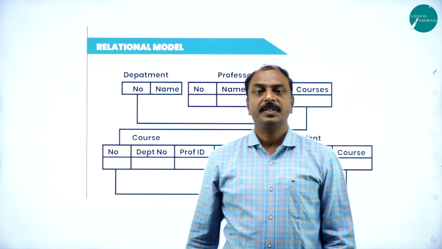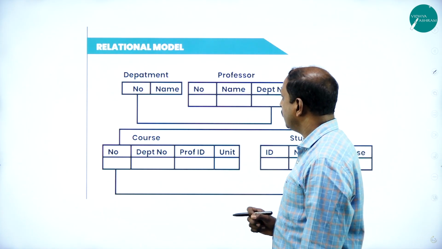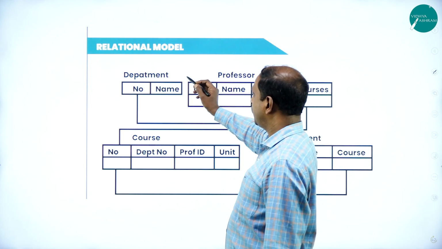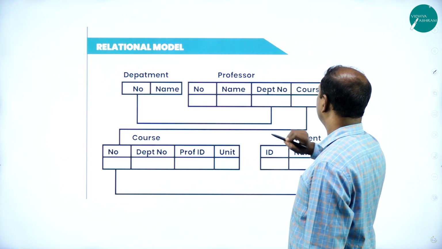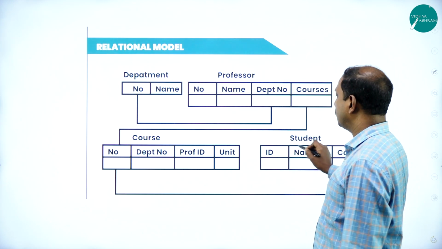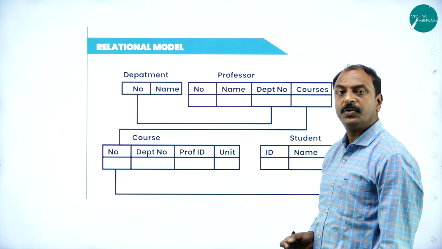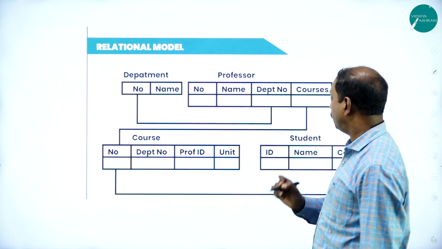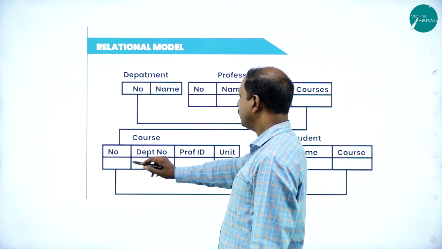Now let us see the difference between the hierarchical as well as this relational model. In the relational model, look at this diagram here, department number and name, and here professor, department number and course, and this is student. There are four different tables, nothing but four different relations, and we are connecting through a common attribute. So here student, course as well as course. This is a course table, course number.